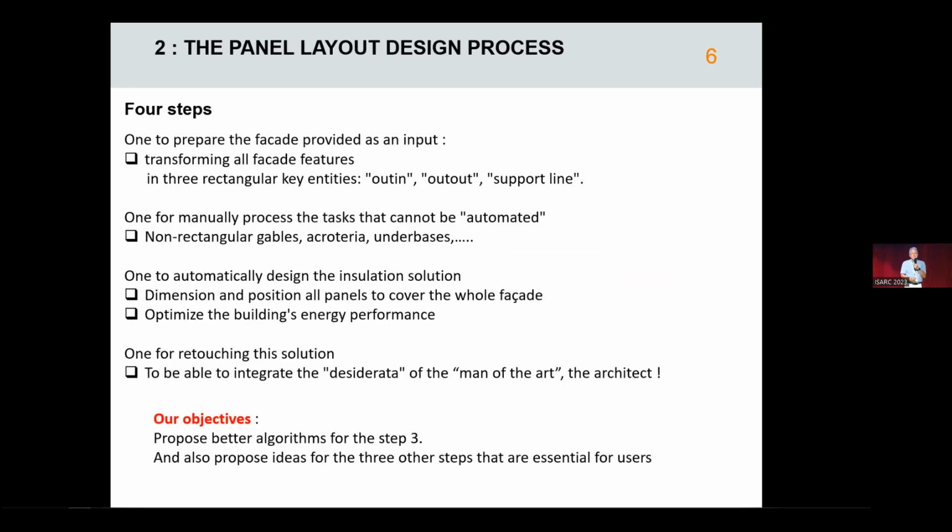The idea is to simplify the facade in order to get something that can be an automated process. So we want to transform the facade into three kinds of rectangles. What we call out-in zone should be integrated in a panel. Out-out should be bypassed by a panel. And of course, you have support lines in order to attach the panel to the facade.